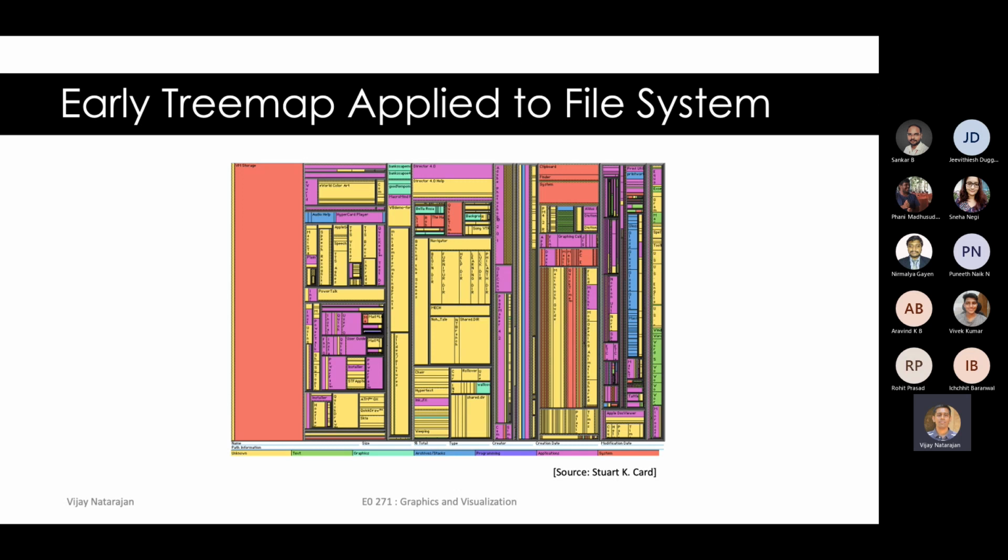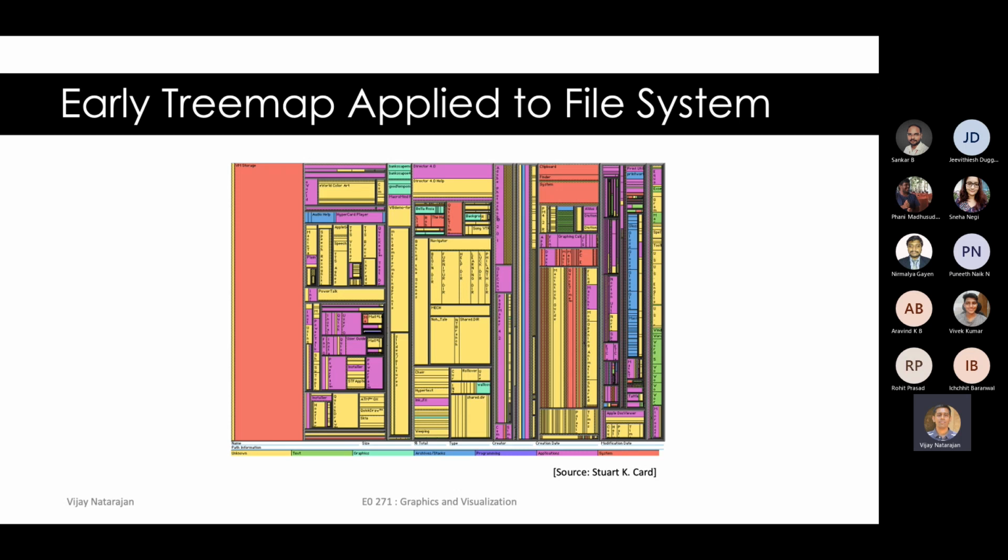So they tried this vanilla idea directly on their file structure, and this is the picture that they got. They used colors also to distinguish one rectangle from the adjacent one. I think there was some color coding also.